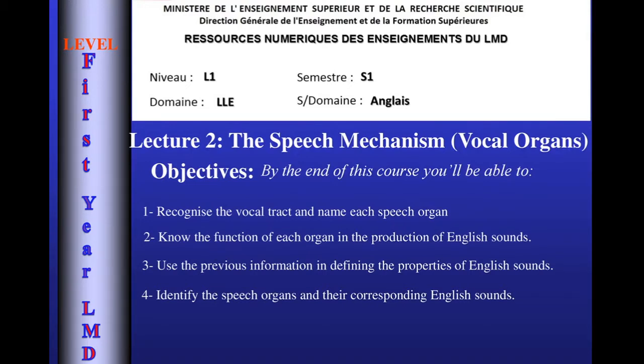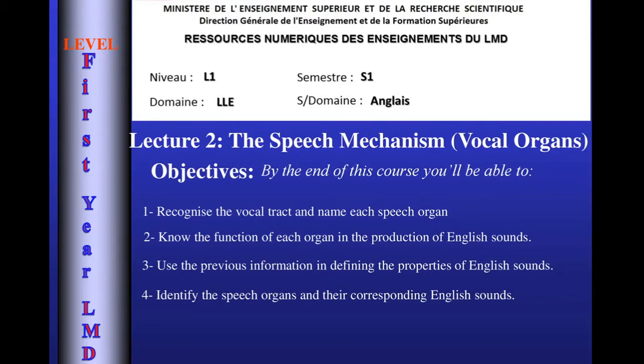So it will be difficult for Arab learners to pronounce them correctly. This is why we need to know about the speech organs. In Arabic, it is called مخارج الحروف. We must know the place from where those consonants and those vowel sounds are produced.